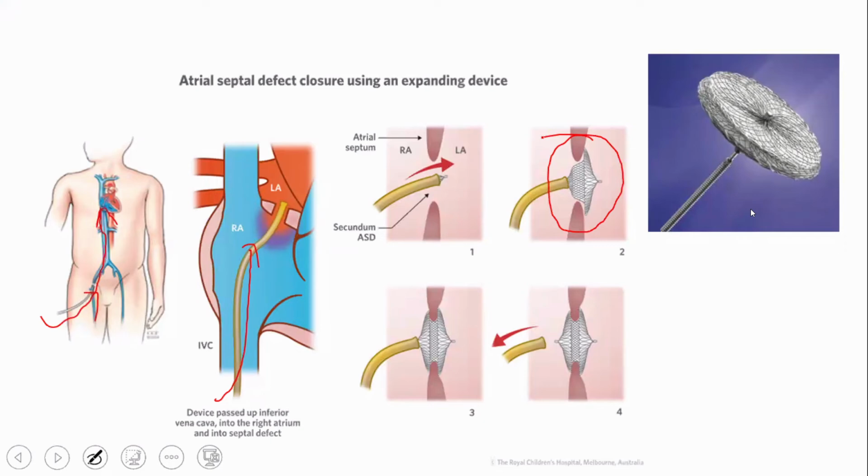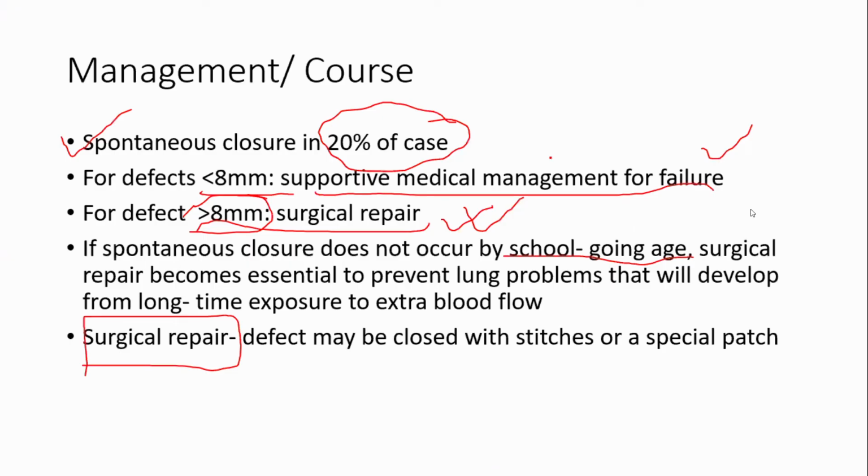Any questions up to here? So management: spontaneous closure happens 20% of the time. Less than 8 millimeters, medical management: treat the congestive heart failure and treat the repeated chest infection. More than 8 millimeters will require surgical closure.